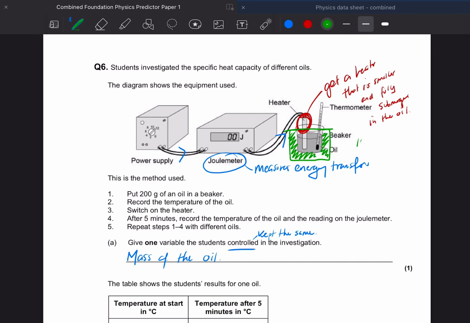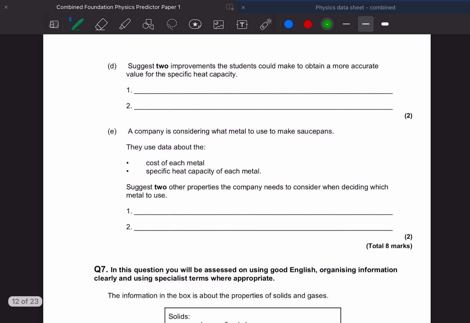So they could insulate or a lid. So our two improvements, we could say insulate or put a lid on the beaker.